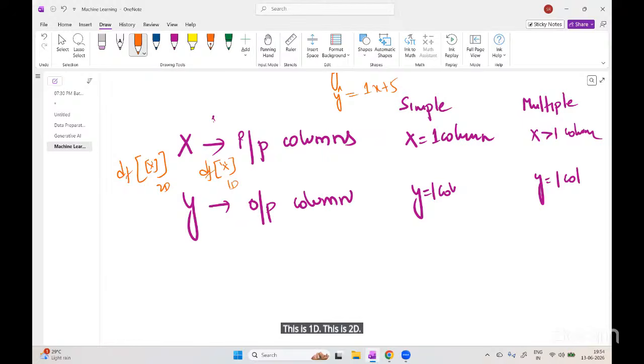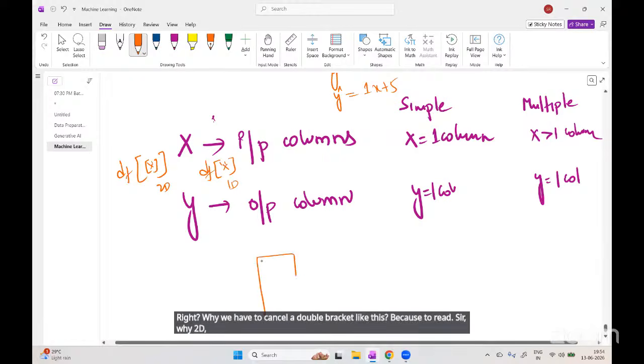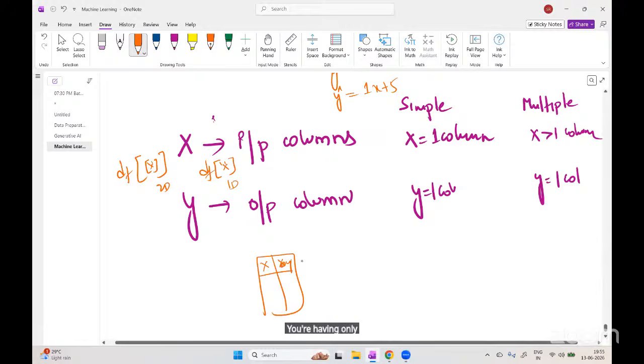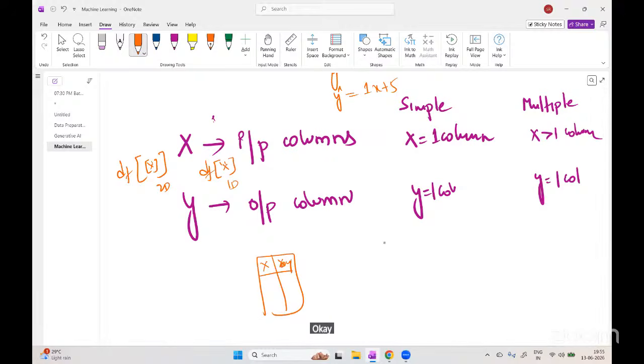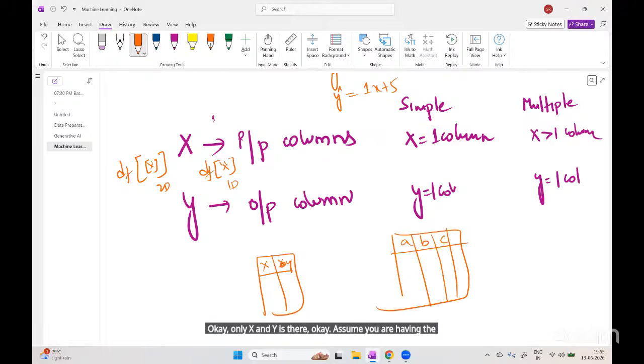Why do we have to consider double brackets like this? Because of 2D. Why 2D? For this example, you are having only X and Y. Assume you are having A, B, C, and Y. Now, in your X, how many input columns are there?